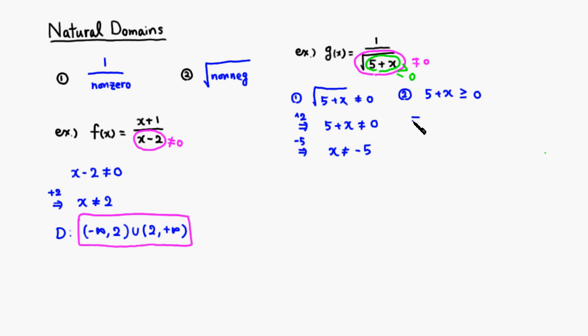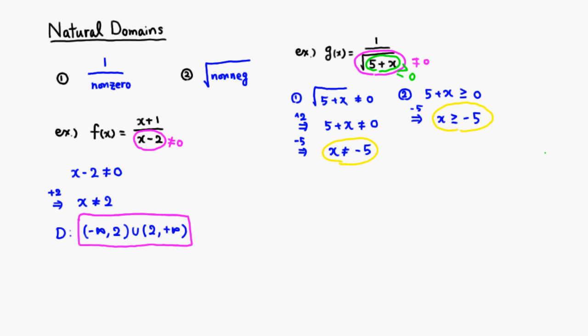Then we isolate x again, so subtract 5, and you have x has to be greater than or equal to negative 5. So we have a couple of conditions we have to satisfy at the same time: x is not equal to negative 5, and x is greater than or equal to negative 5. Combining those, x has to be strictly greater than negative 5.